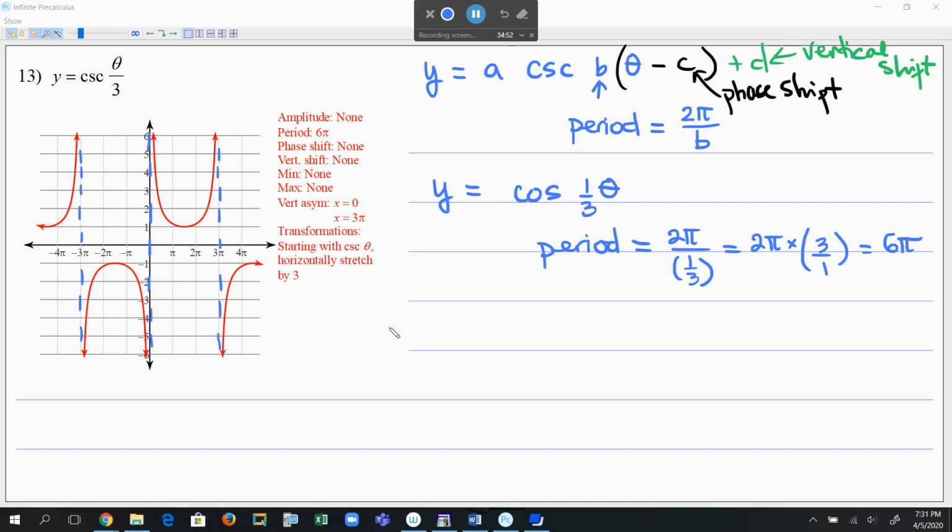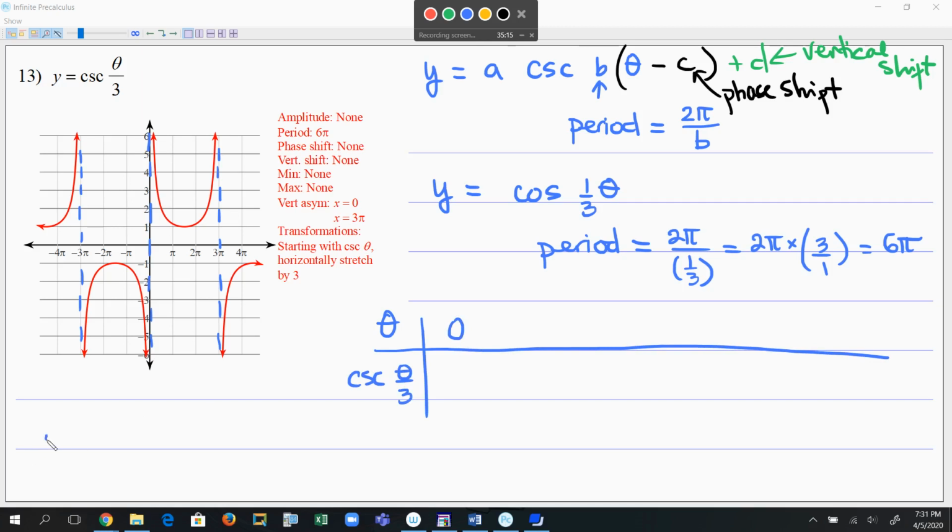If you're thinking about it, let me just create the table quickly so that you can see that. Cosecant of theta divided by 3. So cosecant of 0. Just keep in mind that cosecant is the reciprocal of sine.